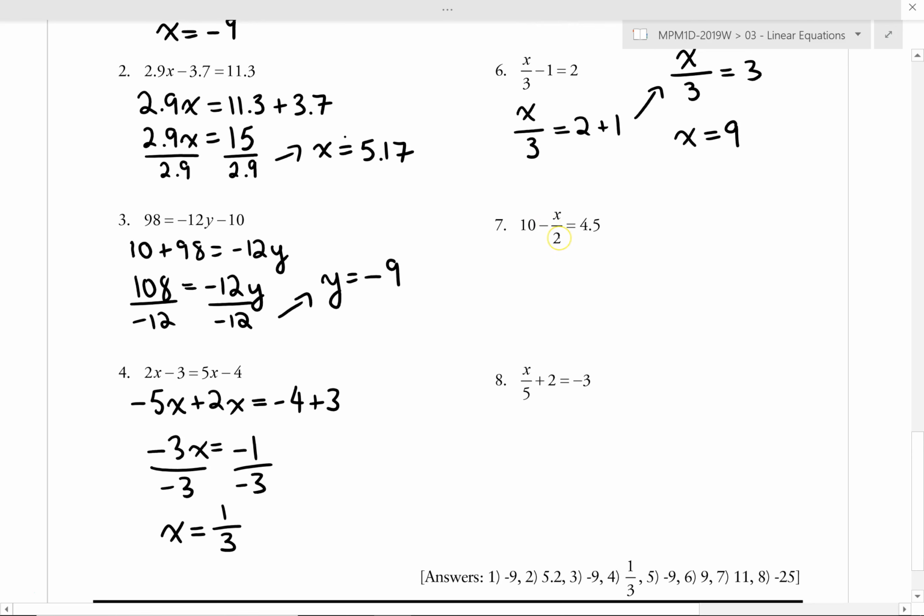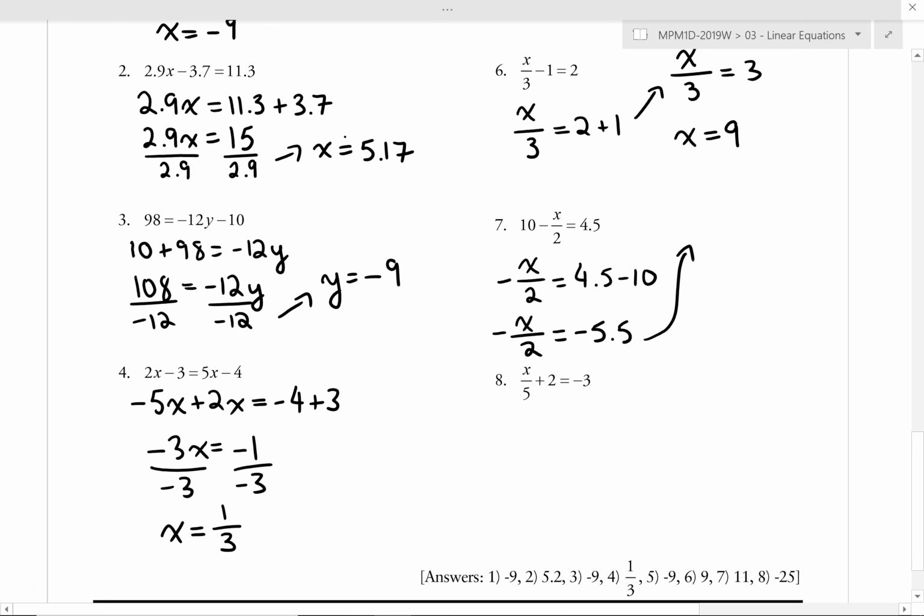10 minus x over 2. So this time we have to take care of that 10, but it's going to leave a minus x over 2 on the left. 4.5 minus 10. First of all, collecting like terms over here, we should do that. So we're going to have minus x over 2 equals negative 5.5.